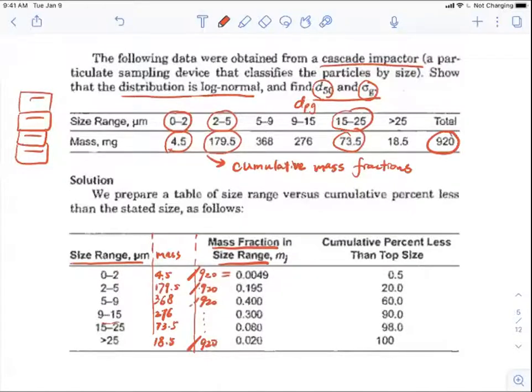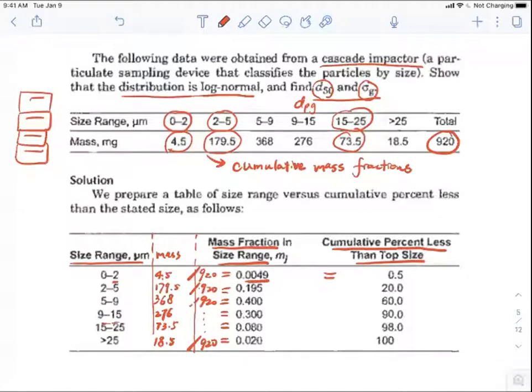And you can find out that we have the mass fractions corresponding to each stage. The cumulative mass fraction, or the cumulative percent less than the top size, is basically this value here. Let's say for 2 micrometer, it's just going to be the same as the first stage.